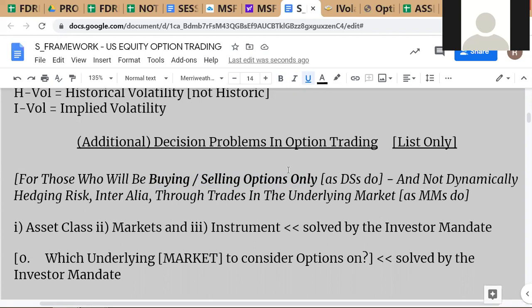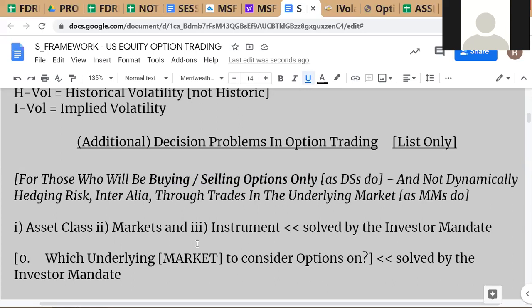So there are two approaches to option trading. One is buying and selling options only, which is what directional speculators do. As I explained in response to Siddharth's question, in general, even American options, you don't exercise them early. You sell off the option itself. If you want to take profit, you sell off the option itself.